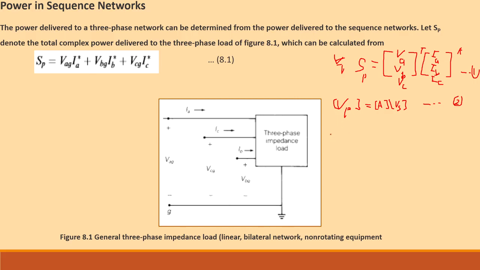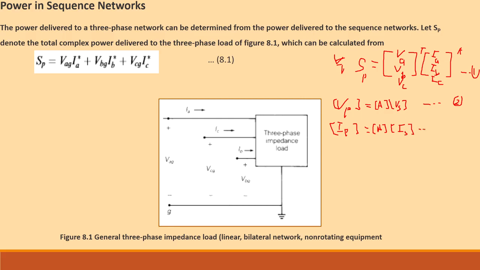Also, we obtain the following equation: I of phases equals the matrix A multiplied by Is.